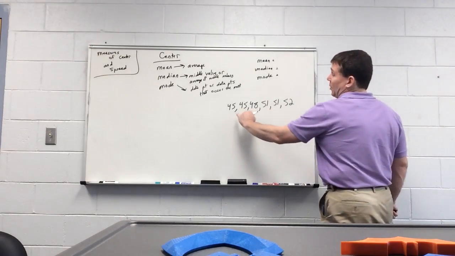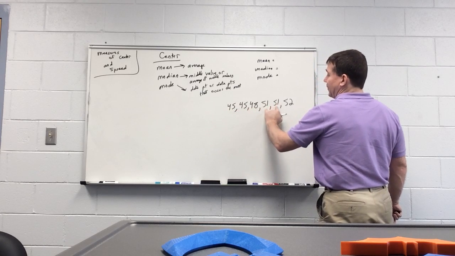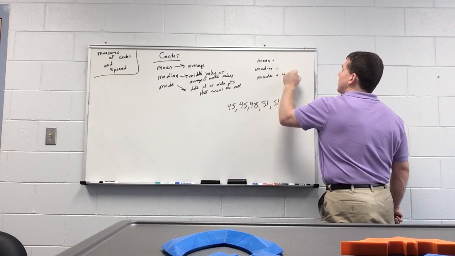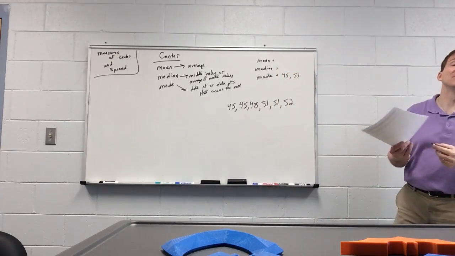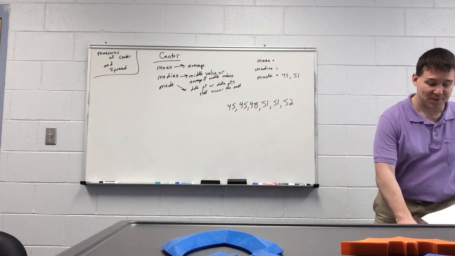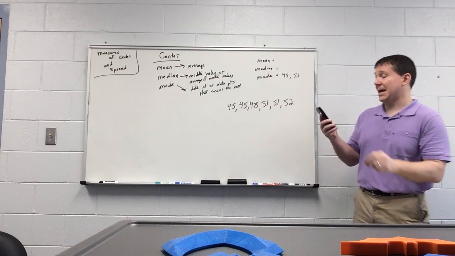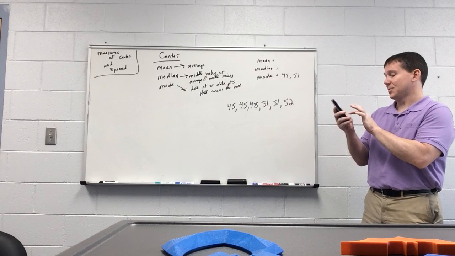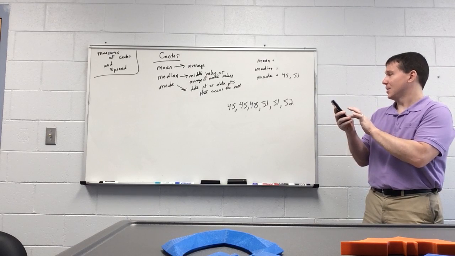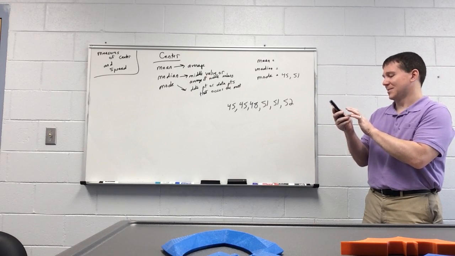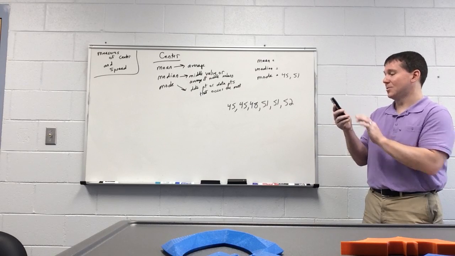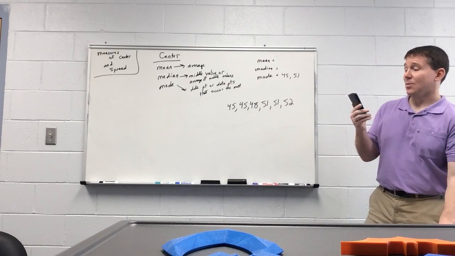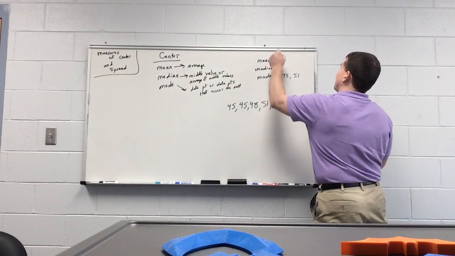Here, looking really quickly, 45 and 51 both occur twice, so here I actually get a mode, and I get 2 values from the mode, 45 and 51. Now, calculate the mean. So let's see, 45 plus 45, which is just 90, plus 51 plus 48 plus 51 plus 52 equals 292 divided by 6, which is 48.7.